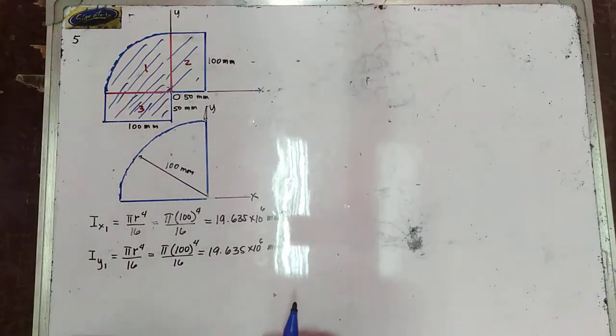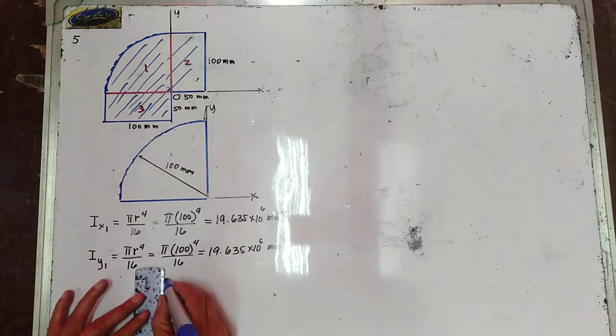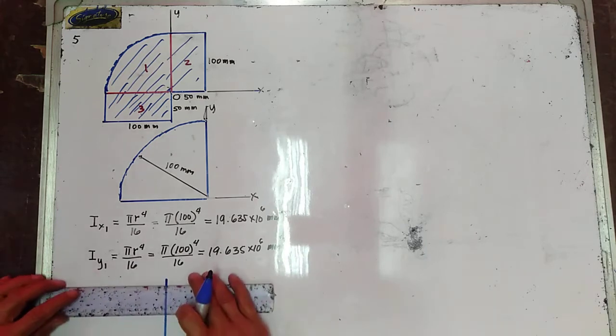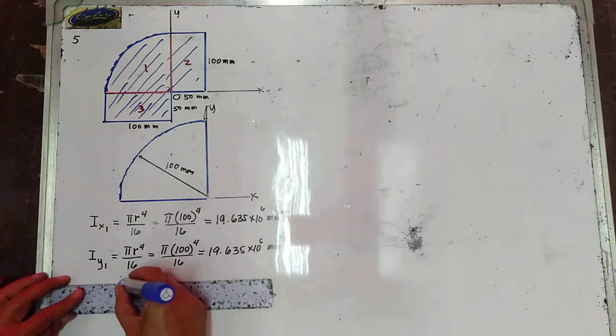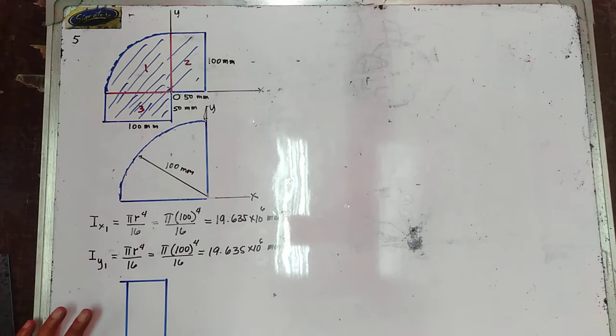Let us now proceed to the second area. So this is now the second area. So we have your area 2. So this is 50 mm. And this one is 100 mm.